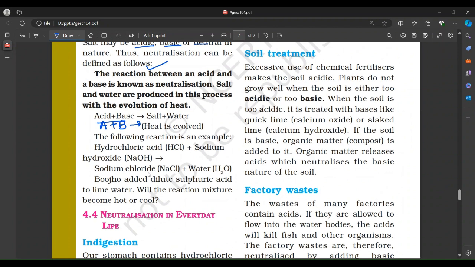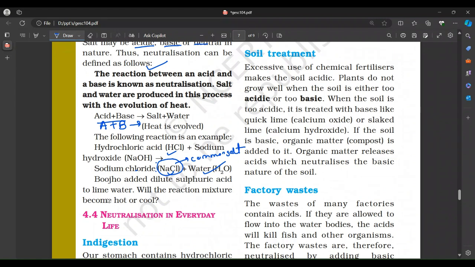The following reaction is an example. HCl, that is hydrochloric acid, plus sodium hydroxide, that is NaOH, gives rise to sodium chloride, that is NaCl, the common salt which we use in the kitchen, plus water.